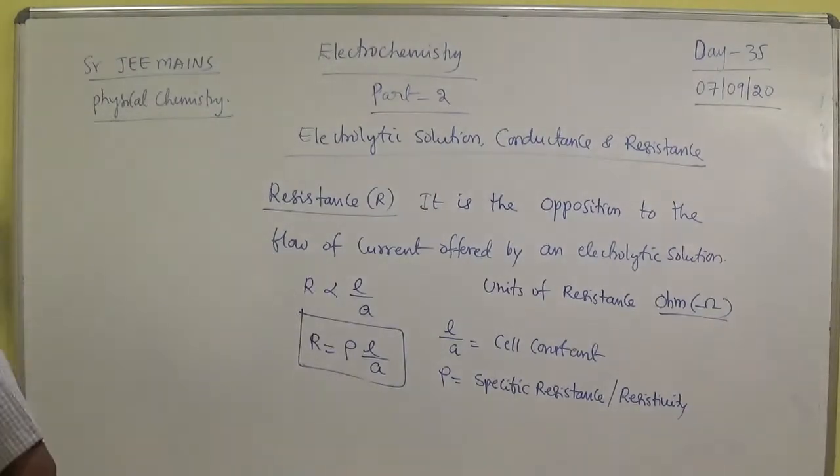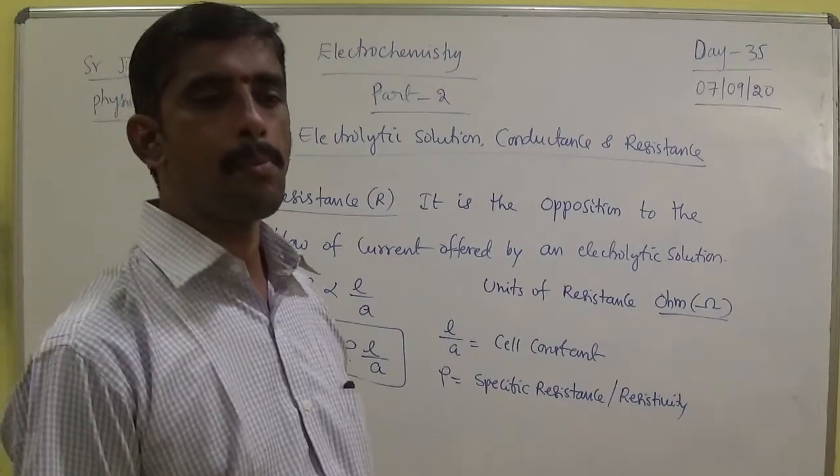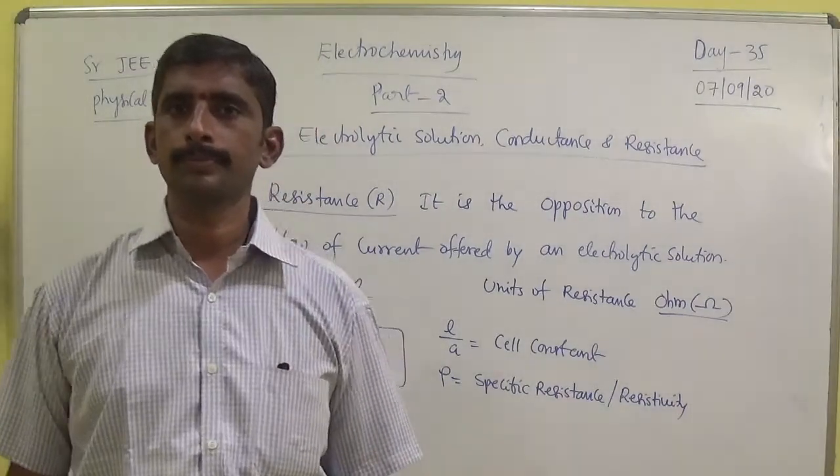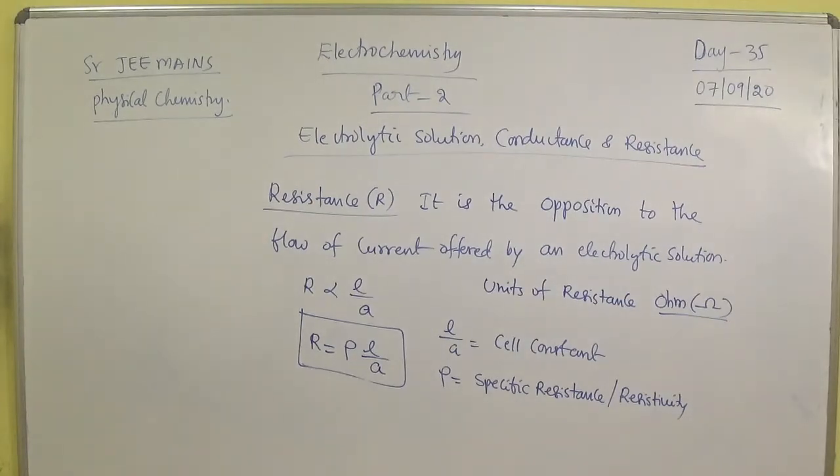Write down. Next one is, write down the definition. So write down the first points. R equal to rho L by A. Write down.